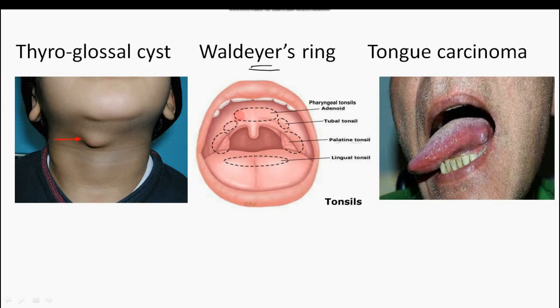These tonsils have lymphocytic cells which help to fight infection, and they are arranged in the form of a ring. This is known as Waldeyer's ring.